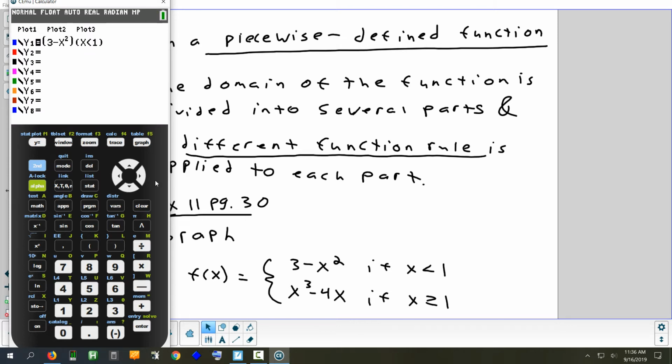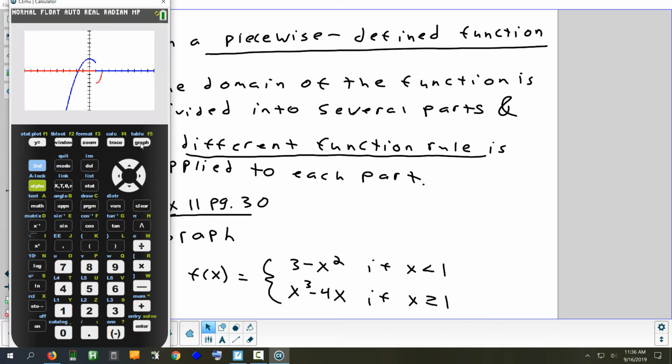Okay, so now I'm going to take x cubed minus 4x, but again, put it in parentheses. X cubed minus 4x. And we want to do that when x is greater than or equal to 1. Second test, greater than or equal to 1. Again, the part where it draws it on the axis, that should not be there.